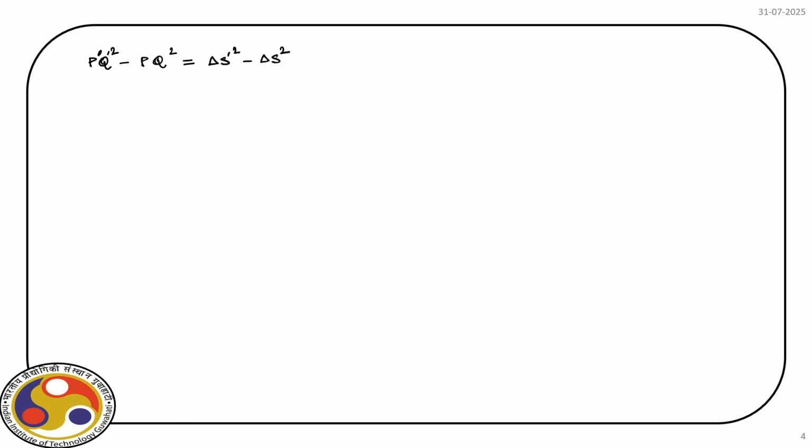Okay. So, for that we can write delta x prime square plus delta y prime square plus delta z prime square, minus delta x square plus delta y square plus delta z square.